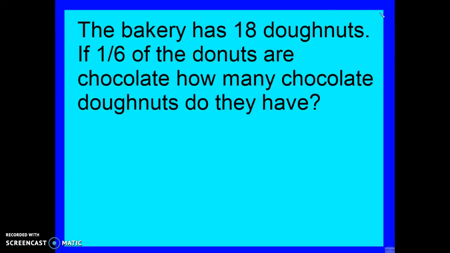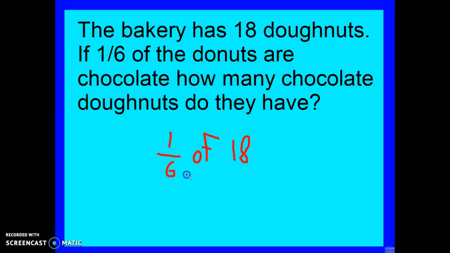Okay, this problem we have a bakery and donut problem. This says the bakery has 18 donuts and 1/6 of the donuts are chocolate. How many chocolate donuts do they have? As you remember in the lower levels, this is just 1/6 of 18. There's a couple ways you can do it.